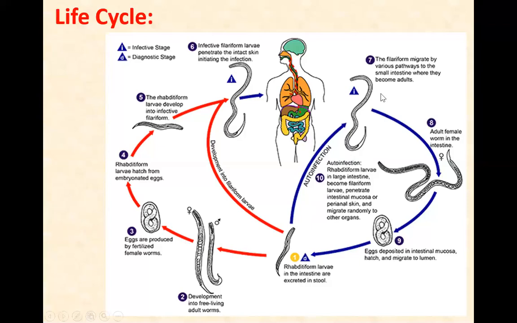To summarize once again, the female living in the small intestine lays eggs, they hatch, and rhabditiform larvae are produced, which can develop by these two routes to filariform larvae, which are infective to human beings. They penetrate the intact human skin, reach the circulation, pass through the lungs, and at the end, reach the mucosa of the small intestine.